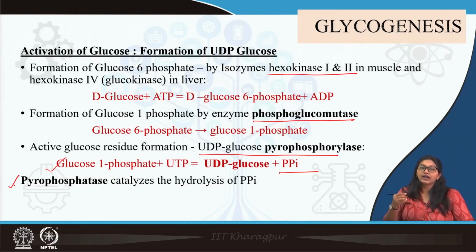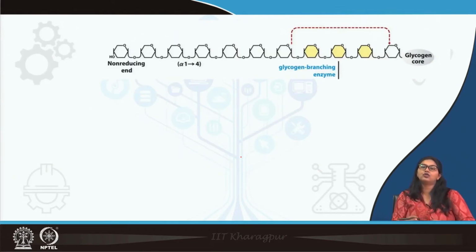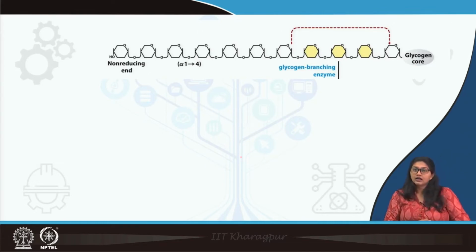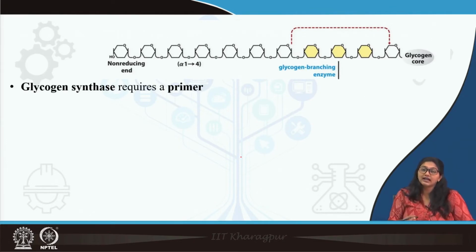So, finally, at the end of this discussion, we are getting the activated glucose, UDP glucose, which can donate glucose molecule. So, basically UDP glucose is adding glucose molecule over a glucose chain. Now, glycogen synthase, as we have discussed, forms alpha 1,4 glycosidic bond, but once again it needs a primer. Glycogen synthase cannot synthesize a glycogen chain de novo, cannot initiate the reaction.